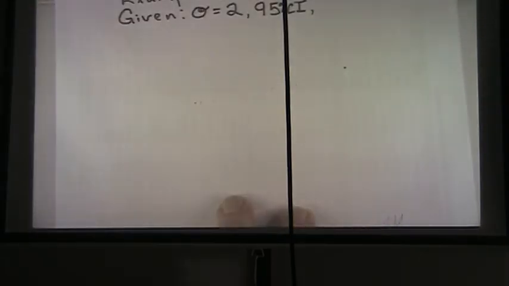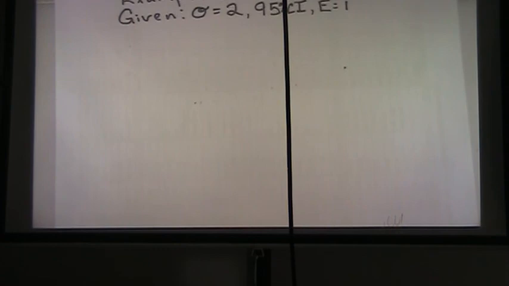Let us say that we are given a circumstance where our standard deviation is equal to 2, a 95% confidence interval, forgot to put my percent sign, and we want an error equal to 1.